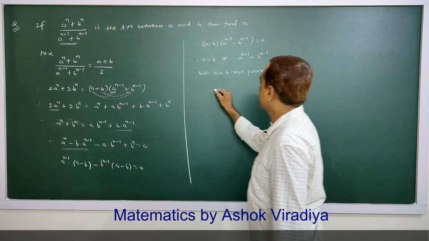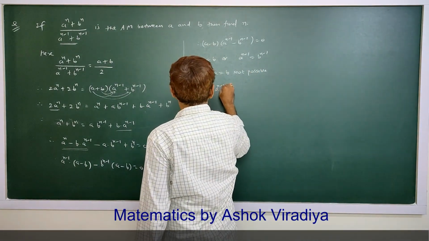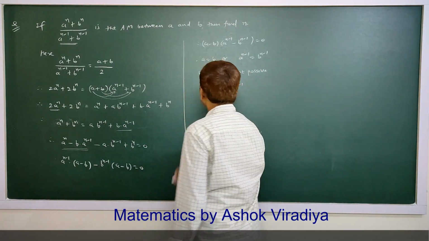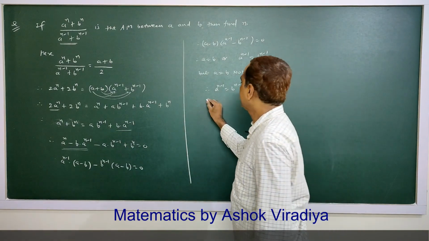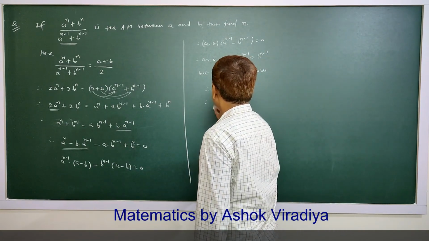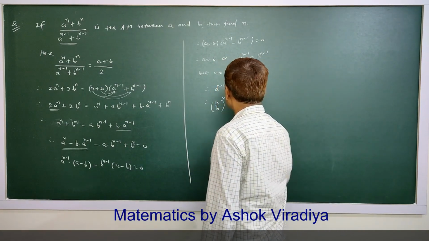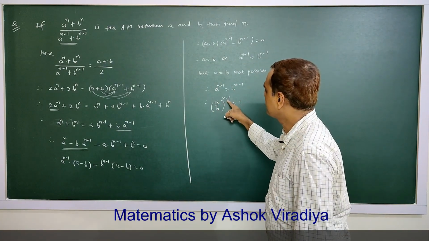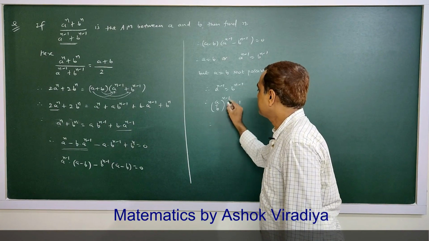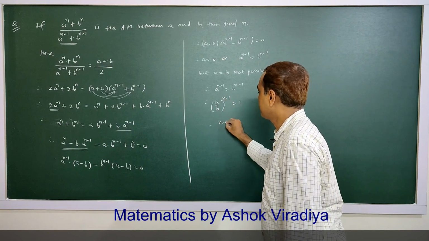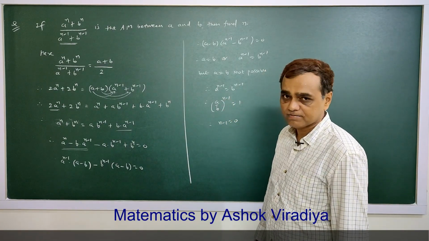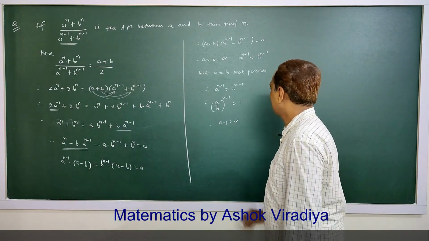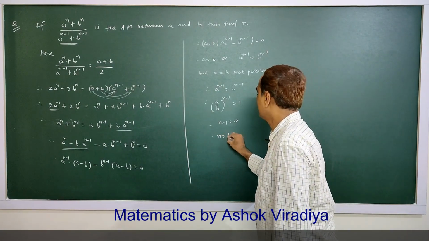So this is possible: a raised to n minus 1 equal to b raised to n minus 1. So it is a by b raised to n minus 1 is 1. And if any x raised to something is 1, that means the power should be 0. So n minus 1 must be 0. So therefore, n is equal to 1.